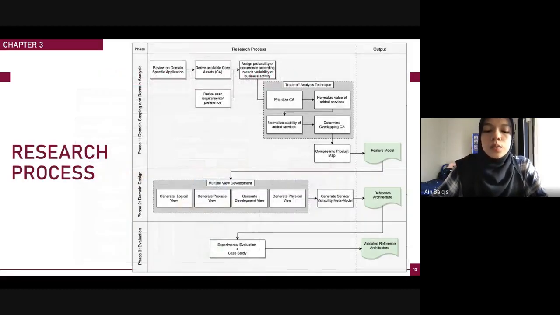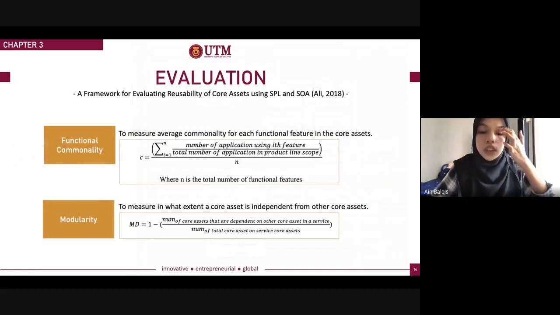Here is our research process, which consists of 3 phases altogether. We begin with phase 1 for domain scoping and domain analysis, followed by phase 2 for domain design, and phase 3 for the evaluation process. For now, I've only done an evaluation for objective 1, which is to measure the usability of identified core assets.